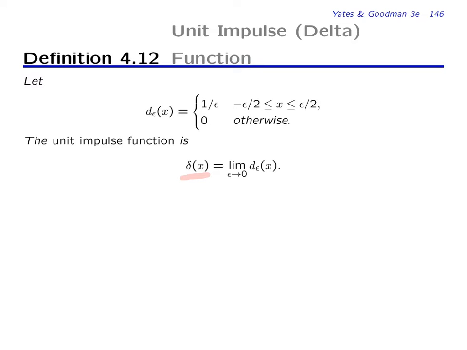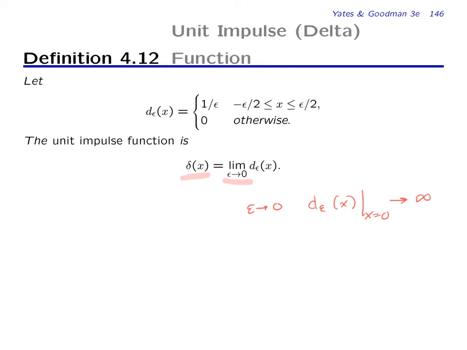So this is some very shady mathematics because in fact, as epsilon goes to 0, d epsilon of x at x equals 0 goes to infinity.